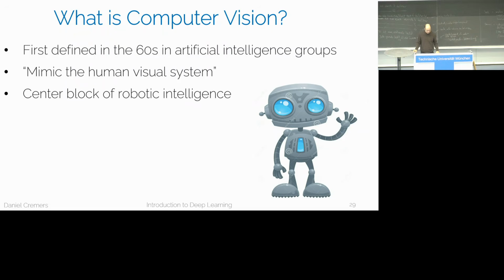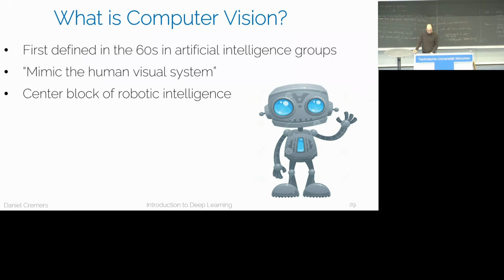Let's go back in time. Where did that start? Computer vision started roughly in the 1960s. I'm sure you could go back earlier in history. As always, there is no end. If you try to trace back ideas, you will end up with the ancient Greeks sooner or later, or even earlier, right? No kidding. They've done a lot of things.